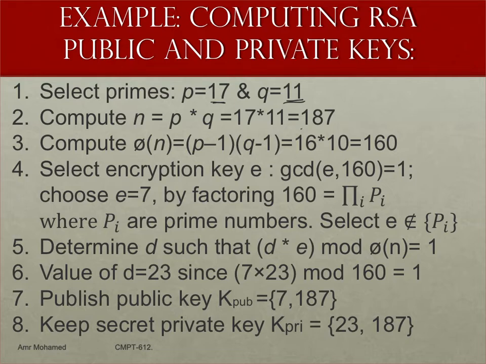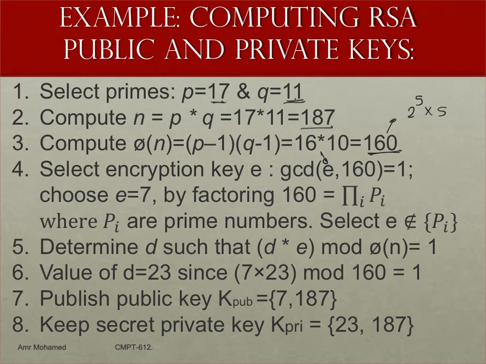So to compute n, in that case, it's 187, which means that the quotient of n is 16 times 10, which is 160, which happens to be the number that we just tried. So we need to select a number E which is relatively prime to 160. And remember that here we have multiple choices. Remember, 160 was 2 to the power 5 times 5.